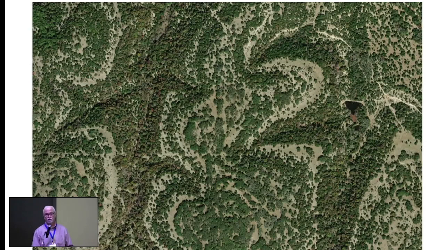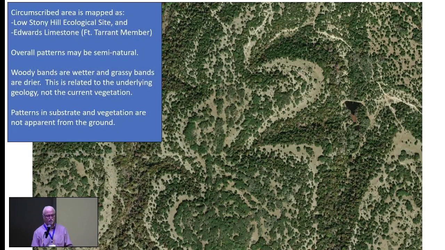So the woodlands are growing on the wetter part of the landscape, which is associated with different layers of geology. The vegetation doesn't cause this difference in moisture availability. That has occurred across a very long time period due to weathering of the underlying geology.